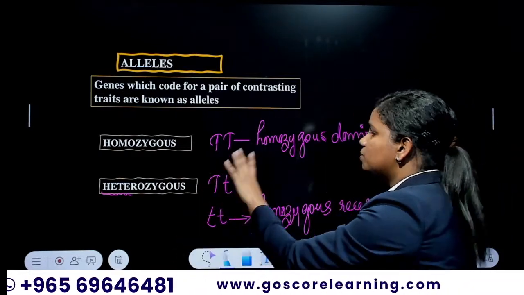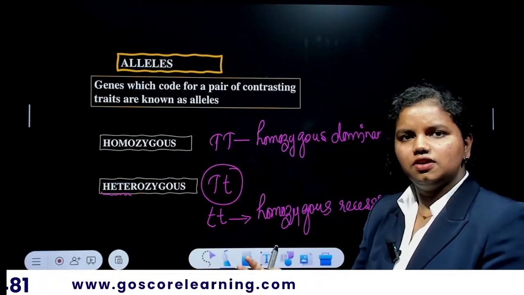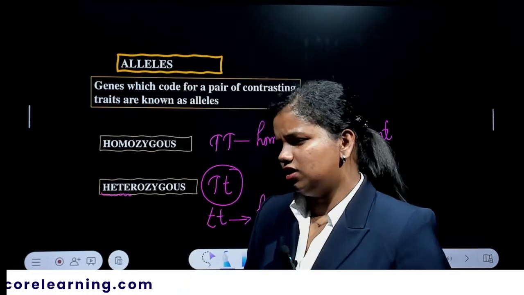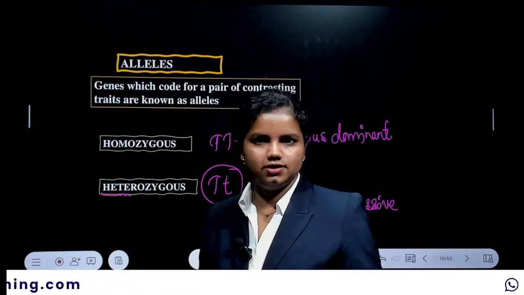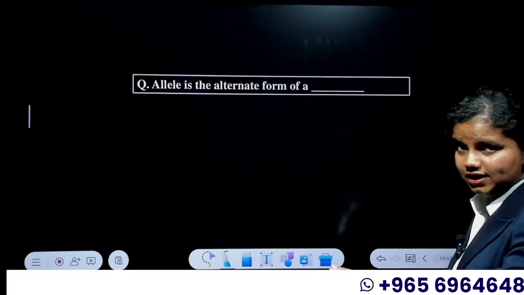And there is one more, that is heterozygous. Nothing much to say here. If the alleles are completely different from each other, then it is a heterozygous trait. Done. So I hope you got an idea about allele.